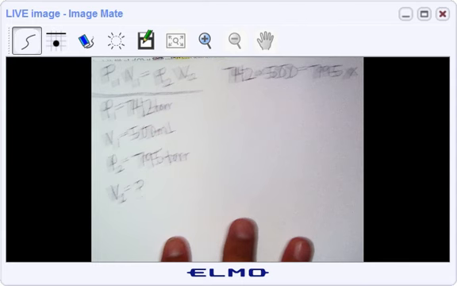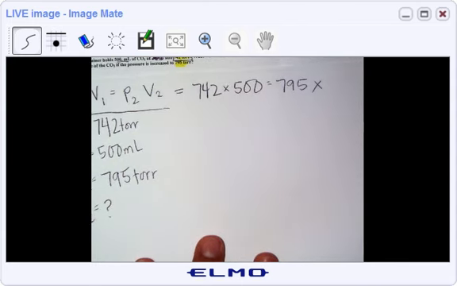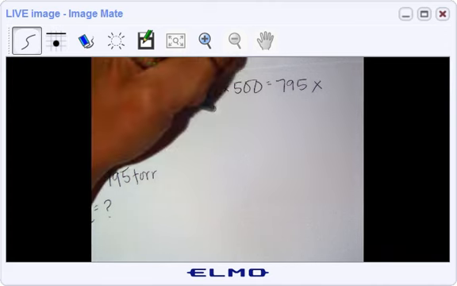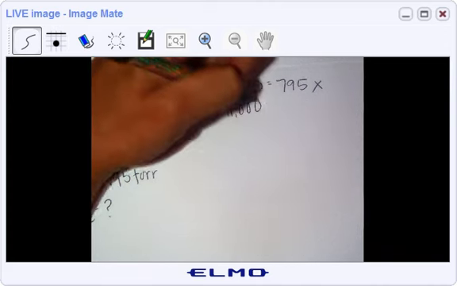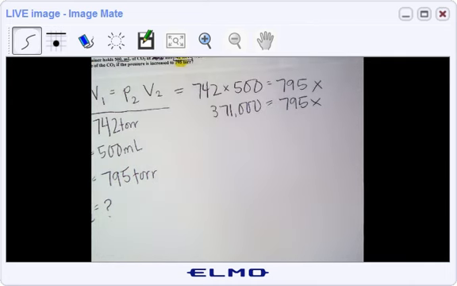So I plugged in all my values. That's all this is. So I'm just going to type in my calculator, 742 times 500. Okay, it gave me 371,000 and equals 795.